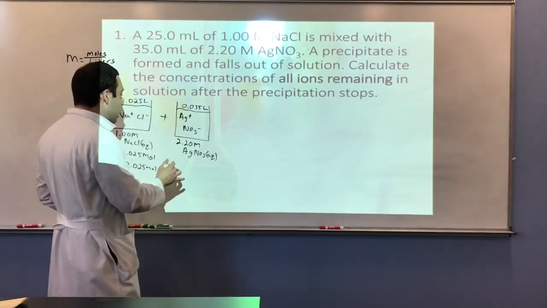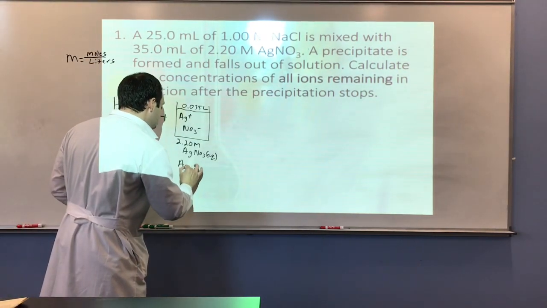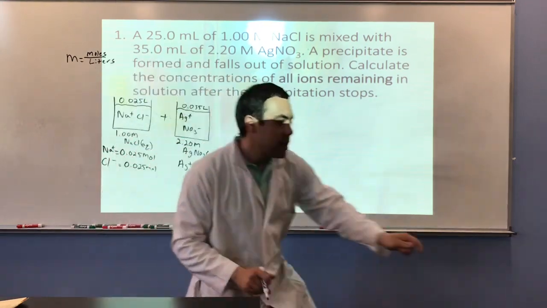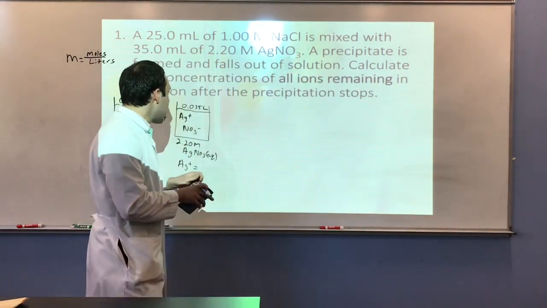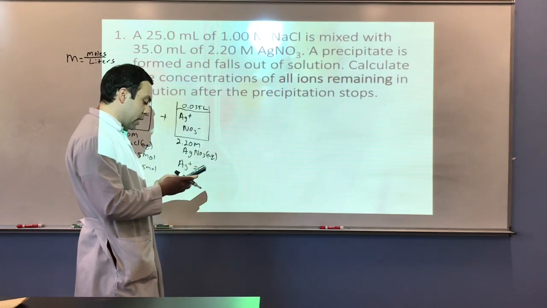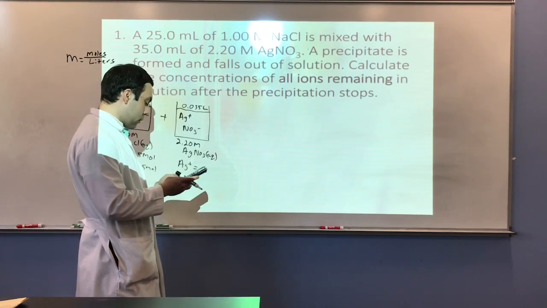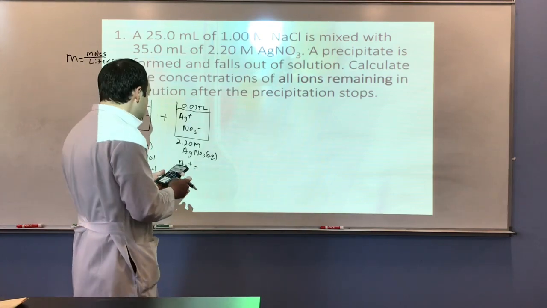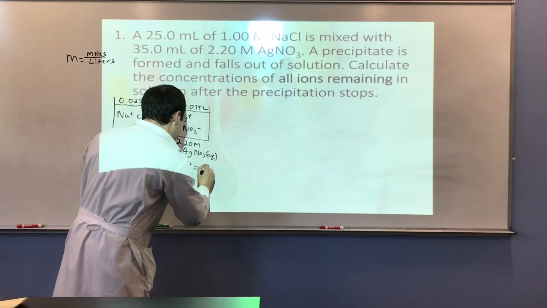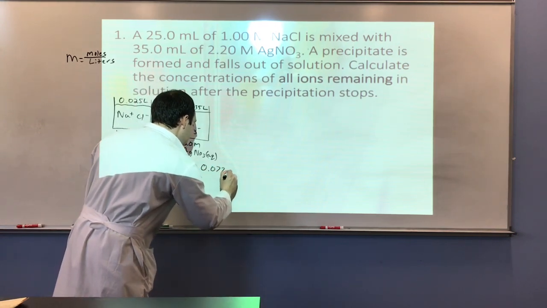When I go to the other side, Ag plus, I have 2.20 times 0.035. I multiply those together. So 2.20 times 0.035 is 0.077 moles.